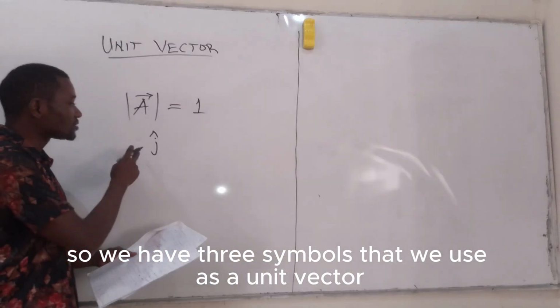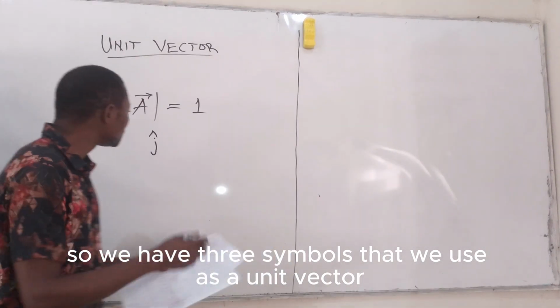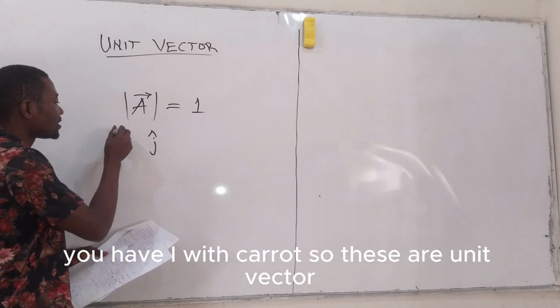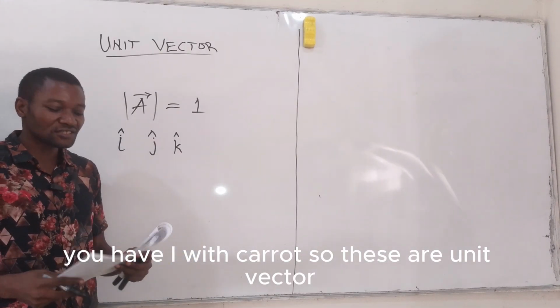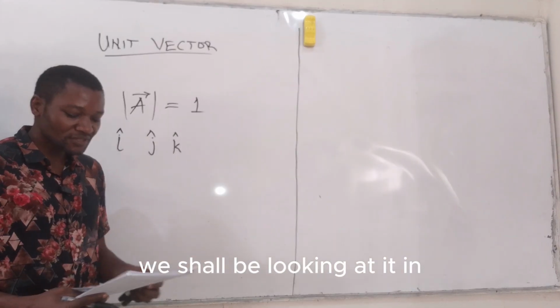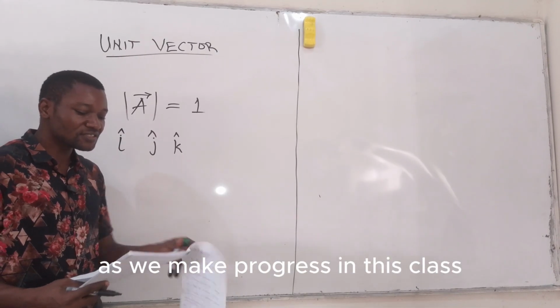So we have three symbols that we use as unit vector. You have i with caret, j, and k. So these are unit vectors. We shall be looking at them as we make progress in this class.